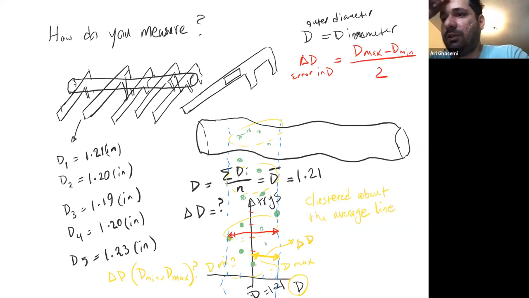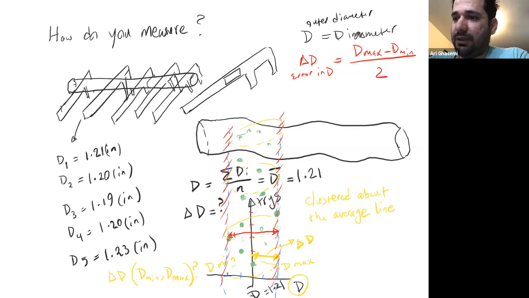And according to this picture, it's so obvious. If you have this upper bound, D max, and you subtract the lower bound, D min, then you get the length of this vector. And in order to get half of it, which is delta D, you have to divide by 2.